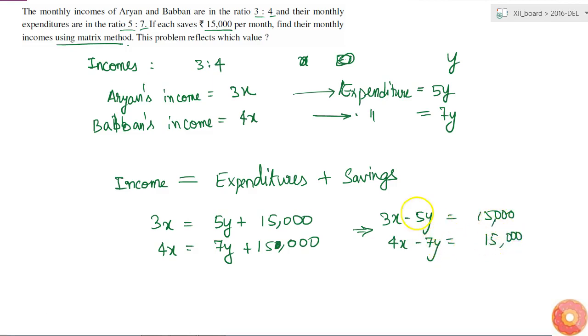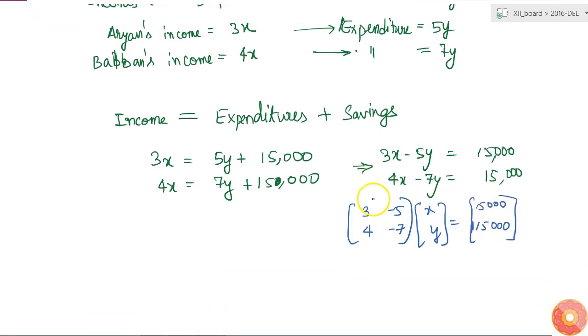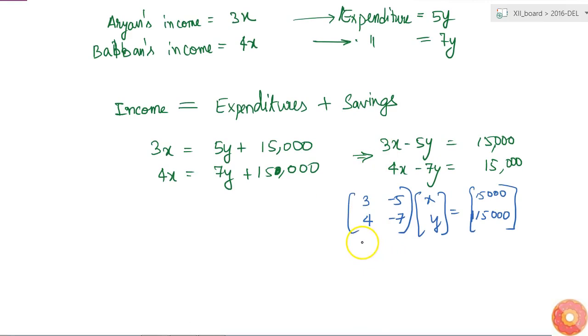So if I write it in the form of a matrix, then I'll get 3 minus 5, 4 minus 7 multiplied by x and y is equal to 15,000 and 15,000. Fine. So if this is my matrix form, I'll call this matrix A. This is my unknown matrix, which is X, which I wish to find, and this is my matrix B.